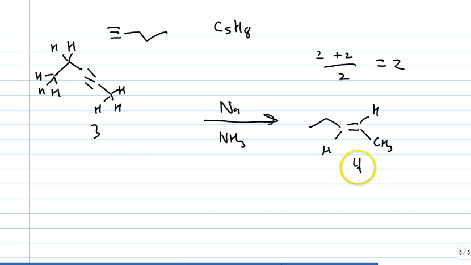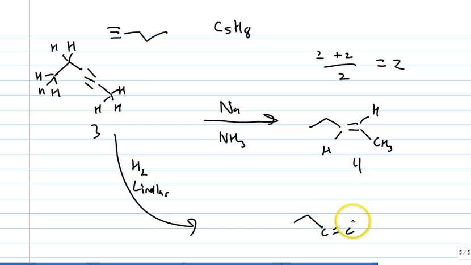Okay, so this is compound 3. This is compound 4. And then it says if you treat compound 3 with H2 and Lindlar, what does that do? It stops at the alkene, but it's cis. Very good, exactly. So that's compound 5.